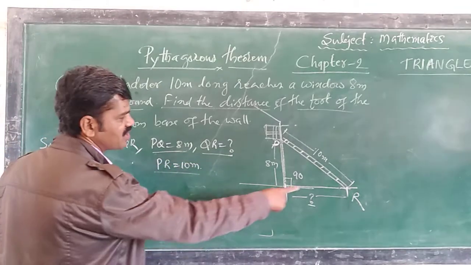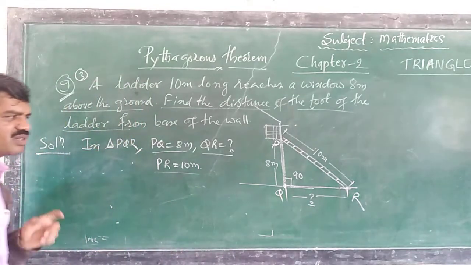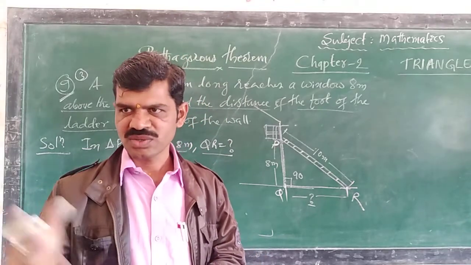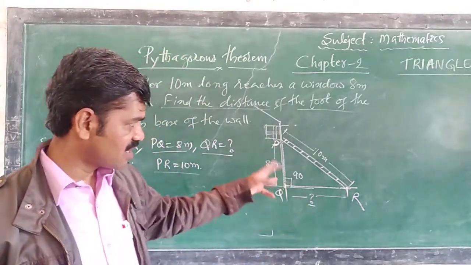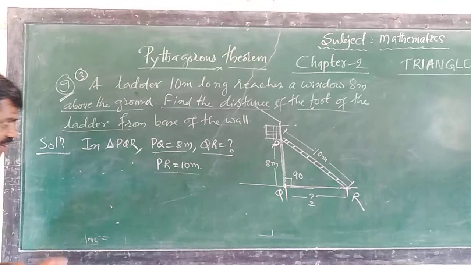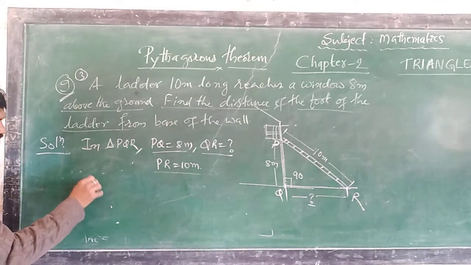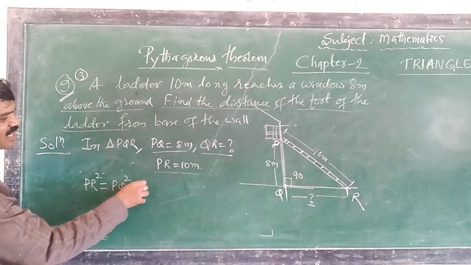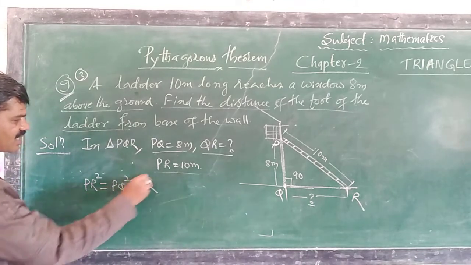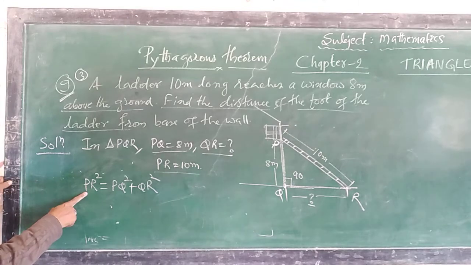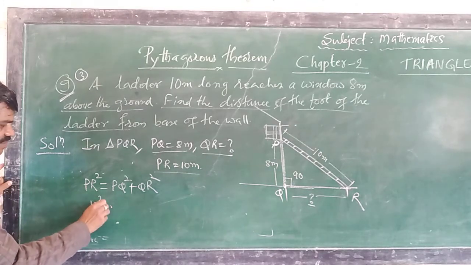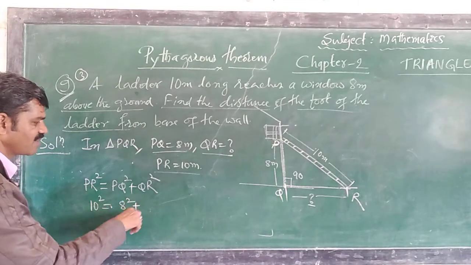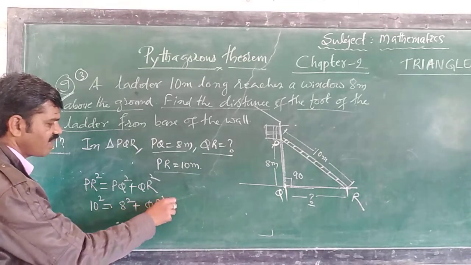To find out this QR, we have to use Pythagoras theorem. Prasad has told the formula of the theorem, that is PR square is equal to PQ square plus QR square. The value of PR is given, that is 10 square. The value of PQ is given, that is 8 square. We have to find out the value of QR square.